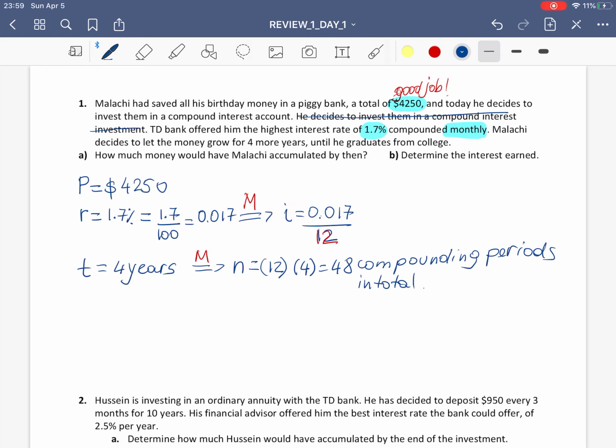All right, now we have all the numbers in the right places here, and we are going to start solving.